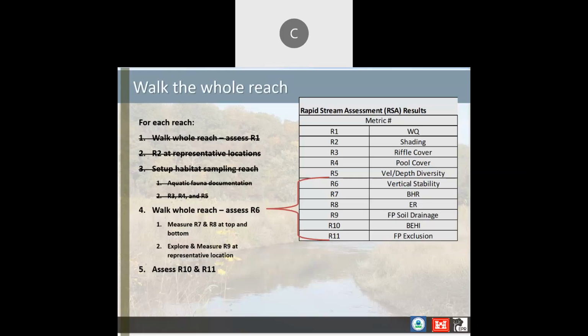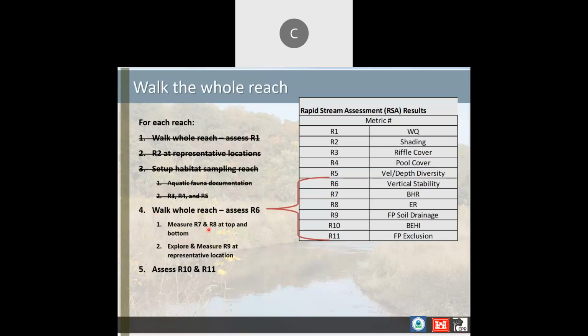So walking through, kind of stepping back to our overall process for performing the rapid stream assessment in the field. You just finished your habitat sampling, or finished your metrics. So 3, 4, and 5 were from a habitat sampling reach. When we get to metric 6, again, we're going to look at the entire reach.